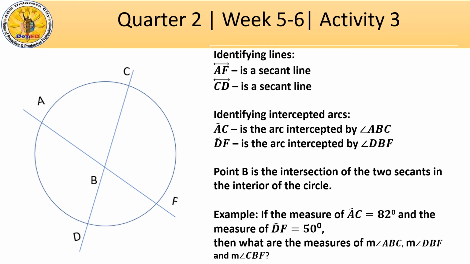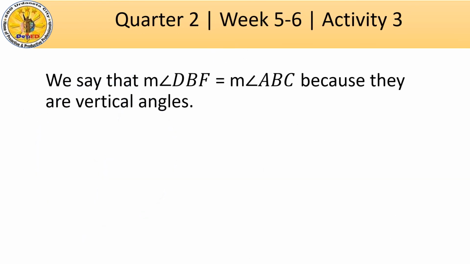Okay, example, if the measure of arc AC is equal to 82 degrees and the measure of arc DF is equal to 50 degrees, then what are the measures of angle ABC, angle DBF, and angle CBF? We say that the measure of angle DBF is equal to the measure of angle ABC because they are vertical angles.